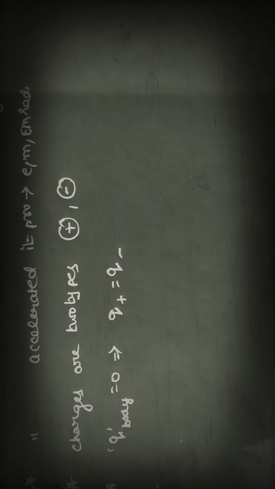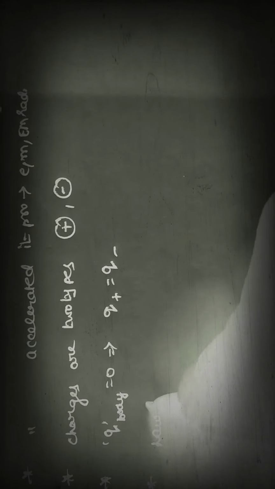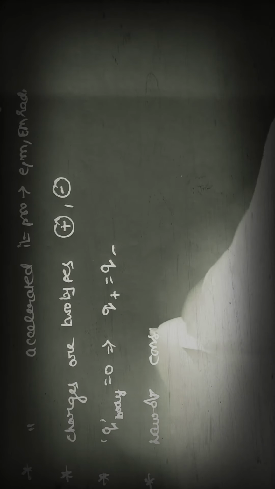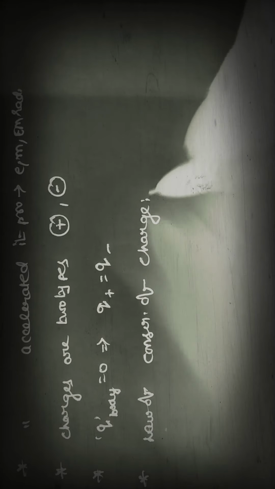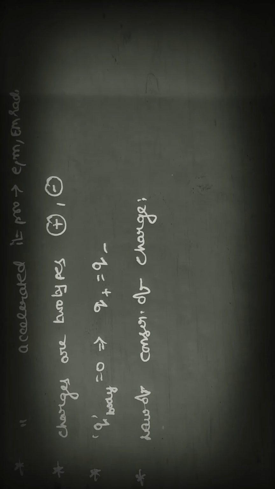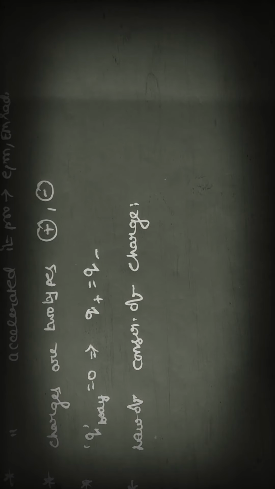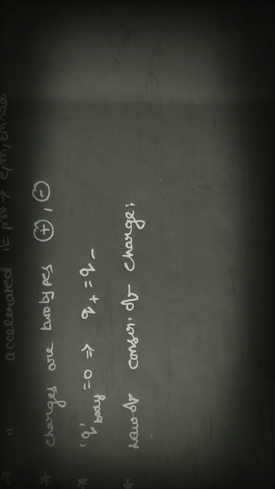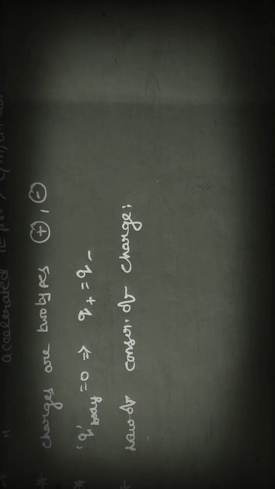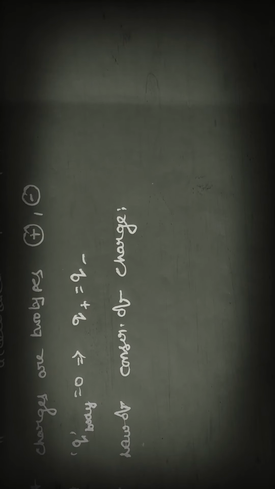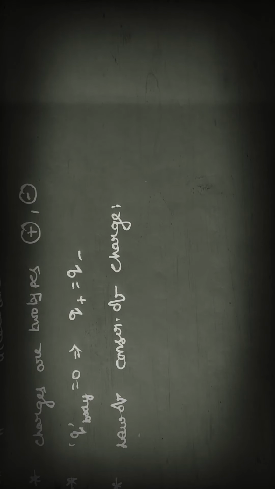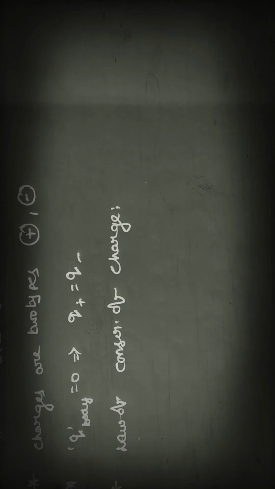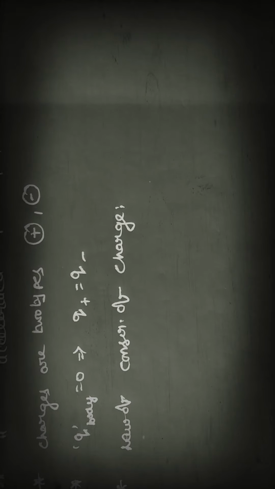Next, law of conservation of charge. Law of conservation of charge means the total charge in the universe remains constant. Whether the charge flows from one body to another body or does not pass, the total charge remains constant.